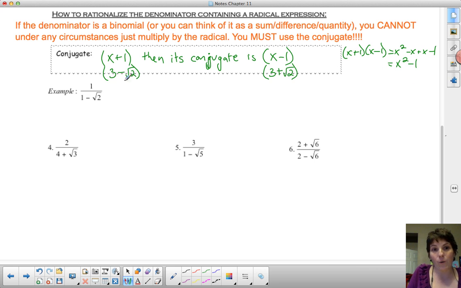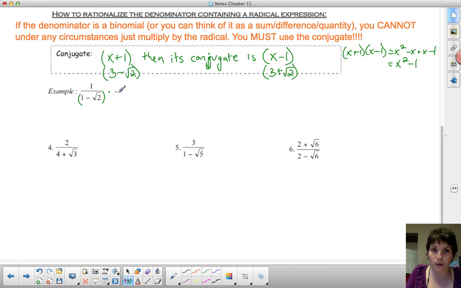So that now, when I need to multiply, here's my example, 1 over 1 minus root 2. That is a quantity. We cannot just multiply by root 2 over root 2.